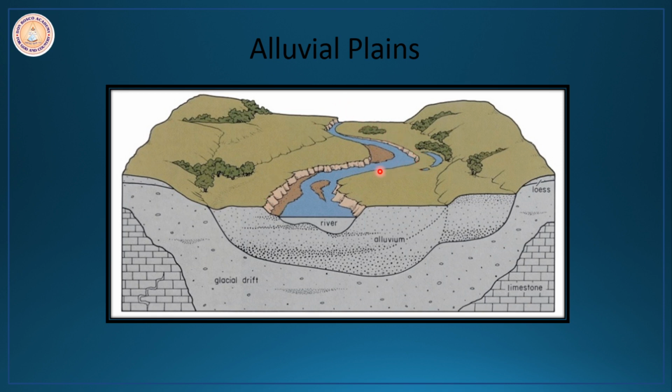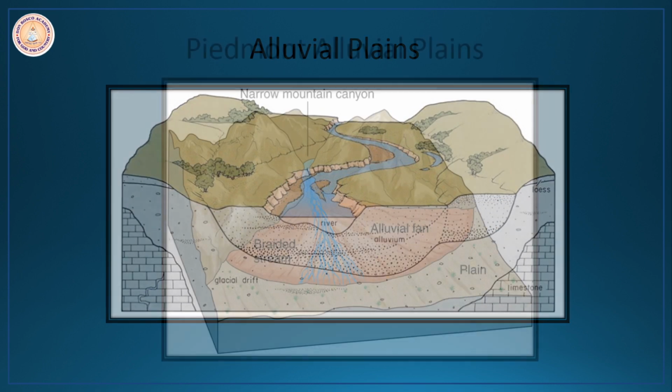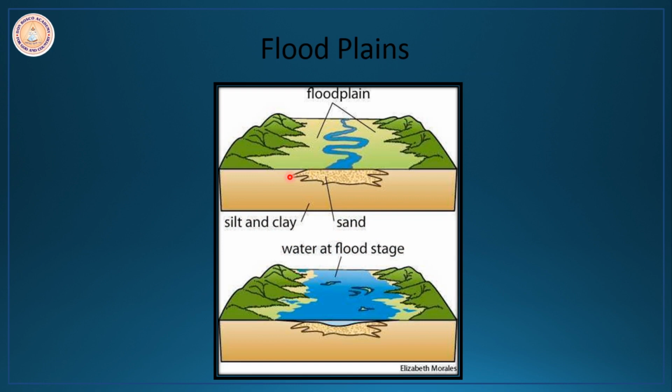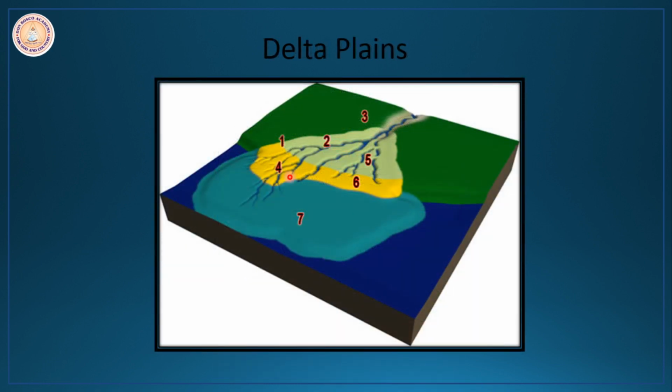So the rivers bring down a very fine silt which is known as alluvium and spreads it on its sides. Now these alluvial plains are of three types: Piedmont alluvial plains, flood plains and delta plains.